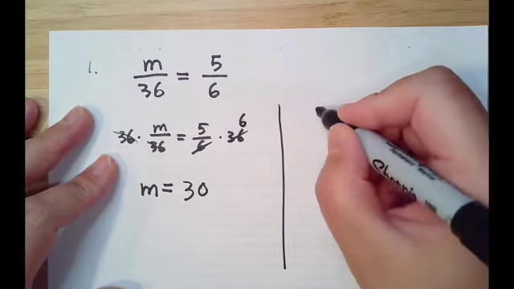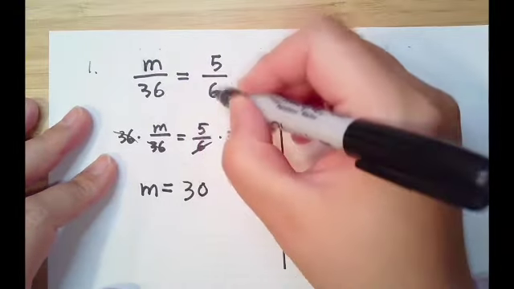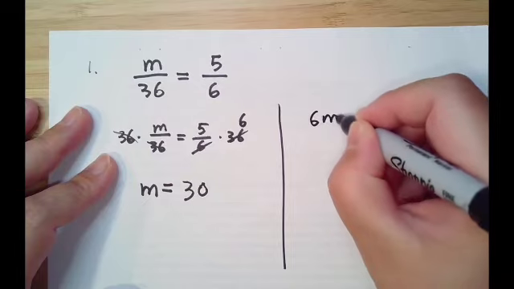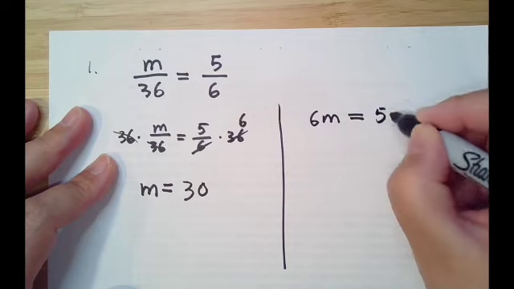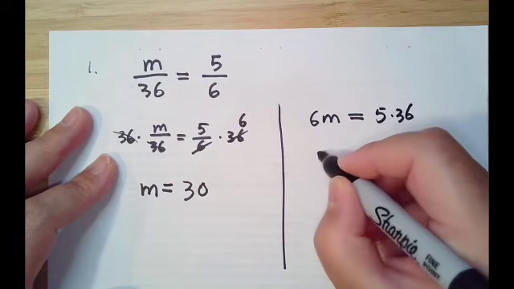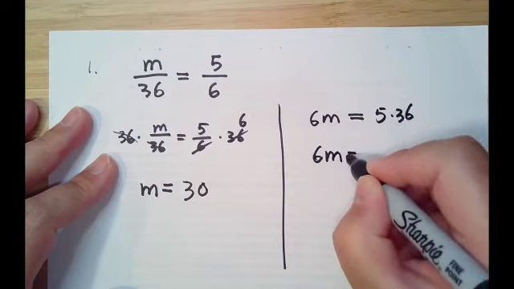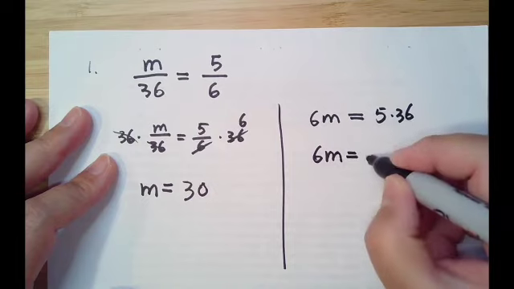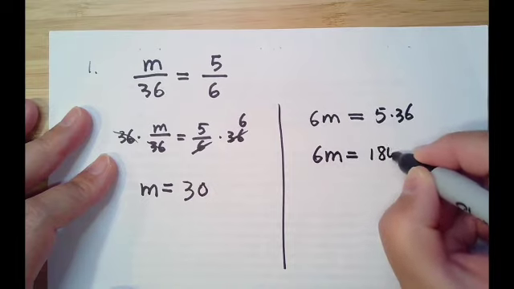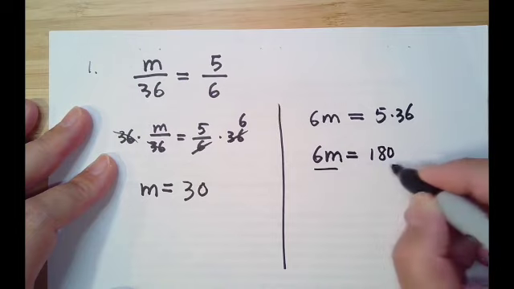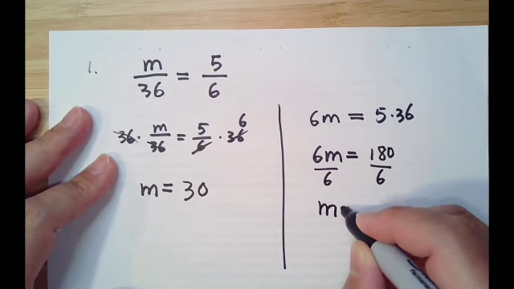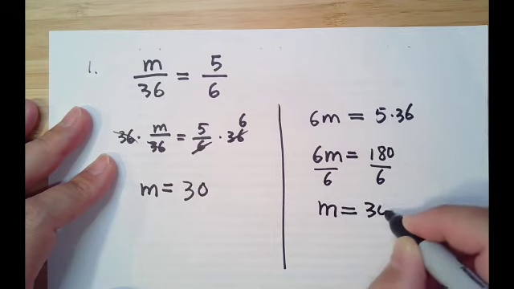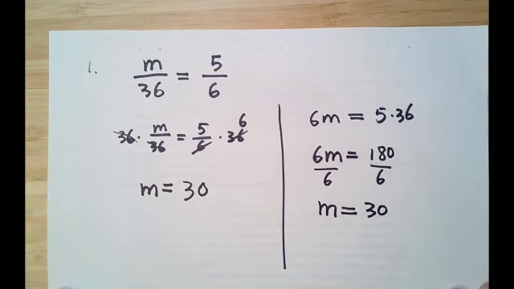The other one, we use cross multiplication. So this becomes 6m equals 5 times 36, which is 180. And then I divide by 6. So my m will be 30. You see that? We got exactly the same answer.